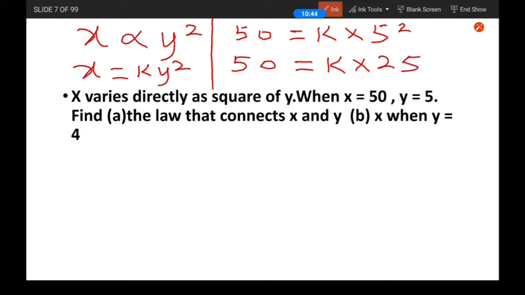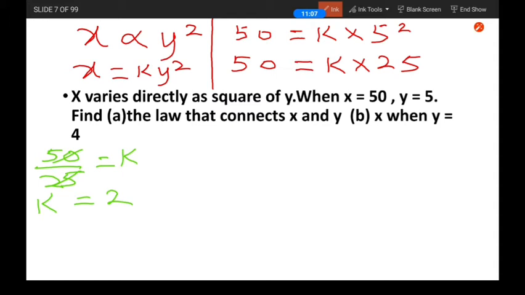What do we do next? We calculate k. Divide both sides by what? By 25. So we have 50 divided by 25 equals k. In this case, our k becomes what? 2.